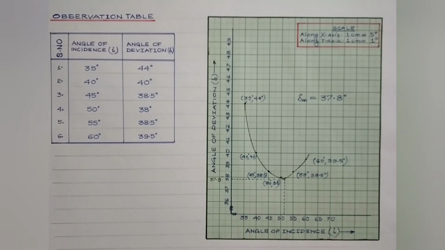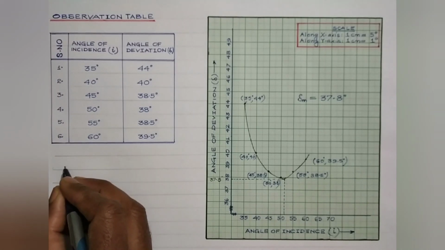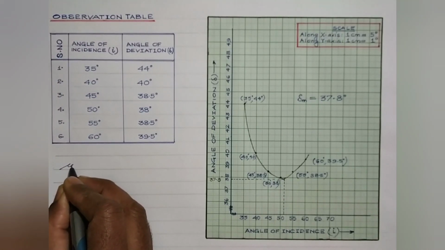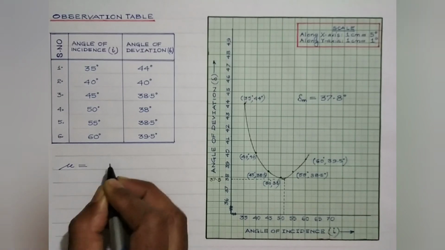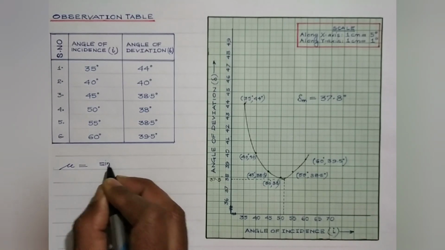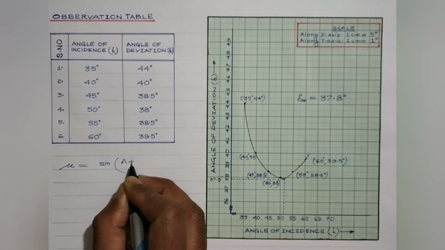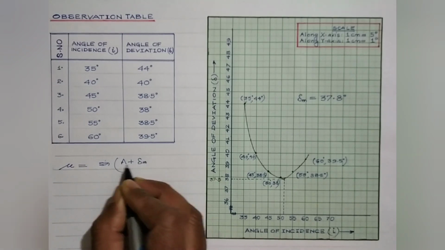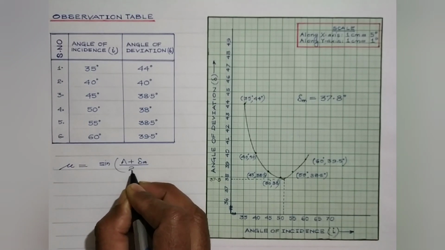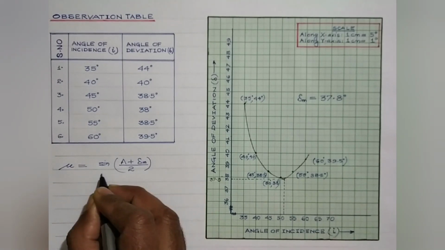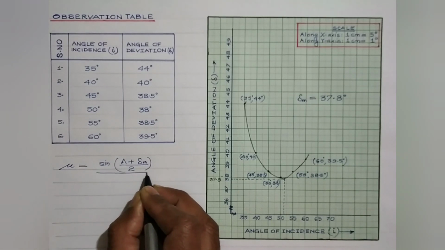prism. And as we have discussed earlier, the working formula, or rather the formula for the refractive index, it is sine A plus del m by 2. A is the angle of prism, which we have considered to be an equilateral prism.